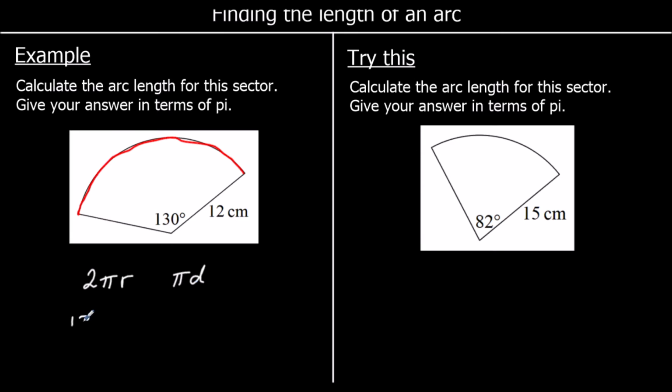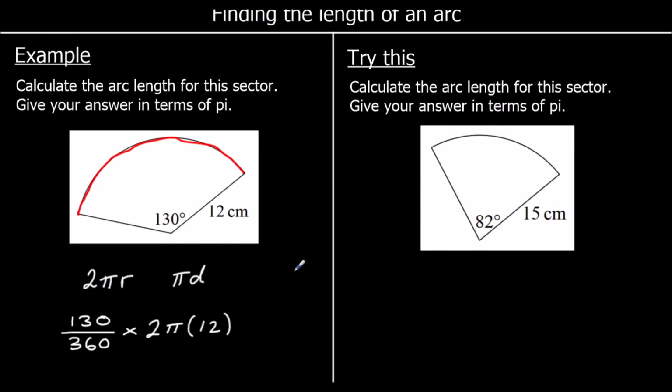We've got 130 360ths of the whole circle. So this is our fraction of our circle. So we want this fraction of the circumference. And when we say of, we can change it to a times sign. So this fraction of the whole circumference, which is 2 times pi times the radius, which is 12 centimeters.